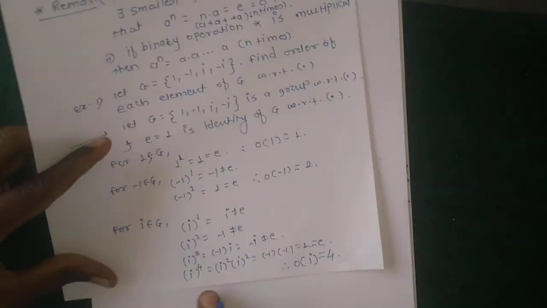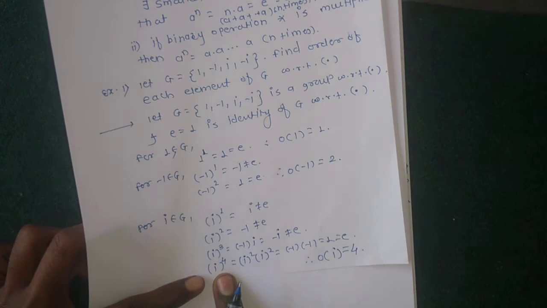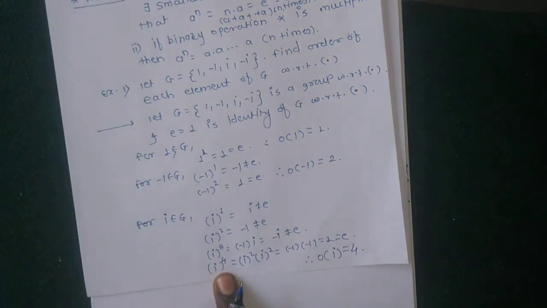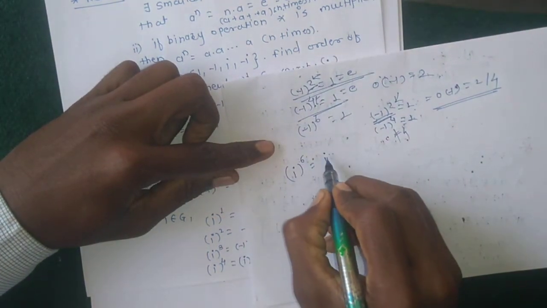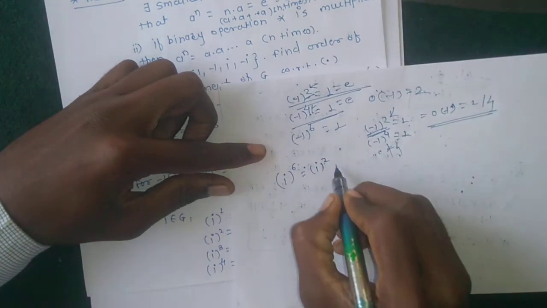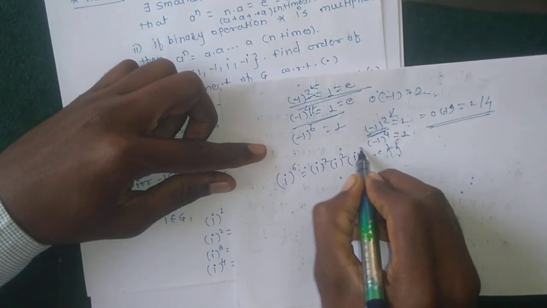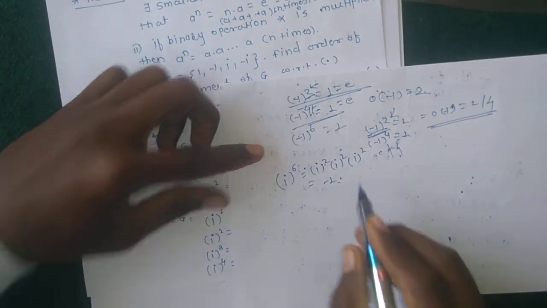Similarly, suppose we choose i raised to 6, then i squared times i to the 4, and its value must be minus 1.